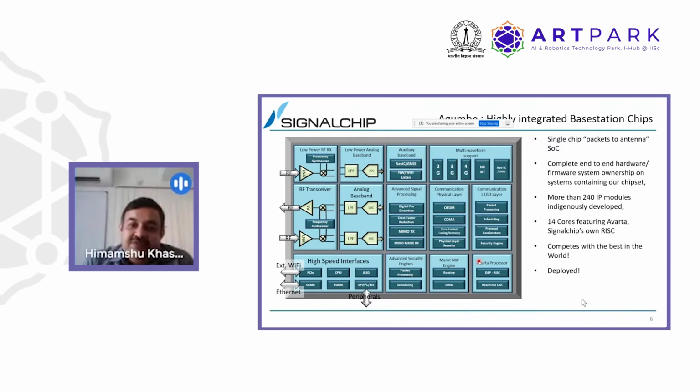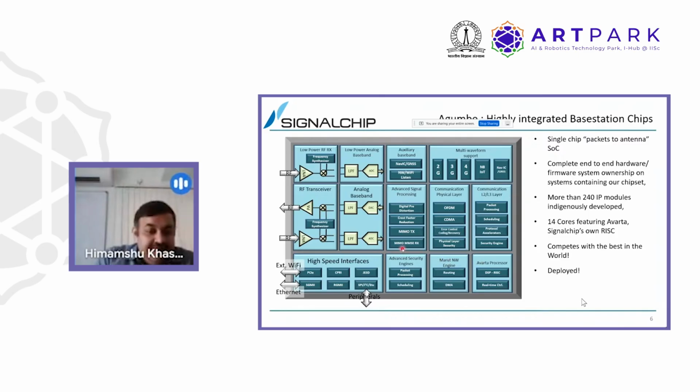This chip contains 14 processor cores, including these Avartas. Put together, they give a very high performance and optimal implementation of the communication protocol layers as well as the backhaul stack, like TCP/IP, UDP, whatever you are running on the stack. They all work in unison with the Linux processor that is running there.